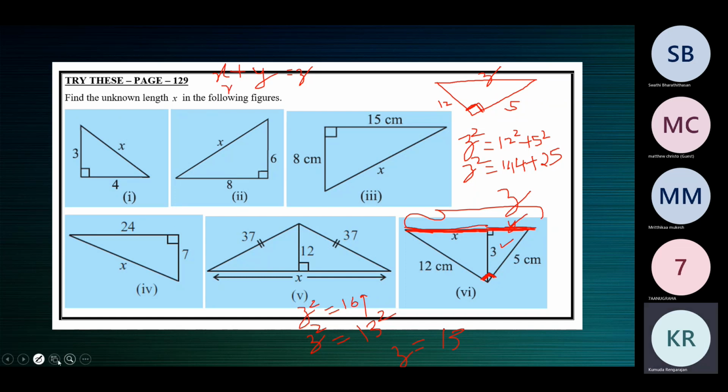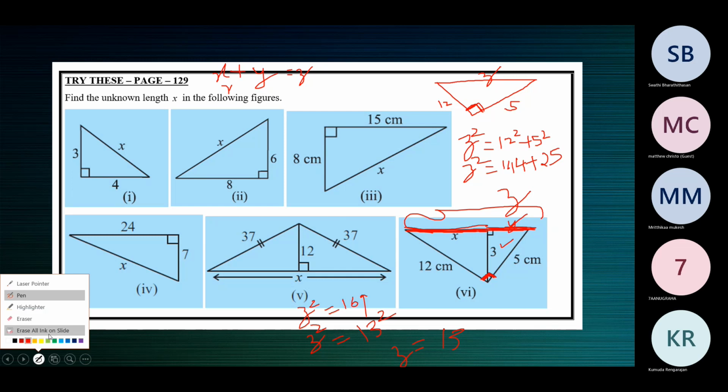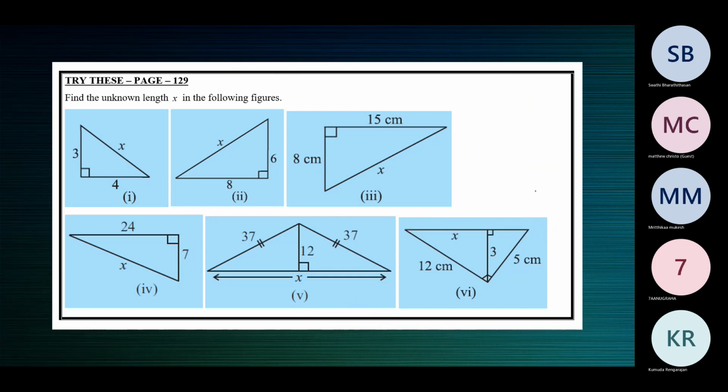One minute, let me just clear the slide. So I said we have X plus Y is equal to Z. X we have to find, plus Y, which we got as 4, is equal to Z. And for Z we got 13.